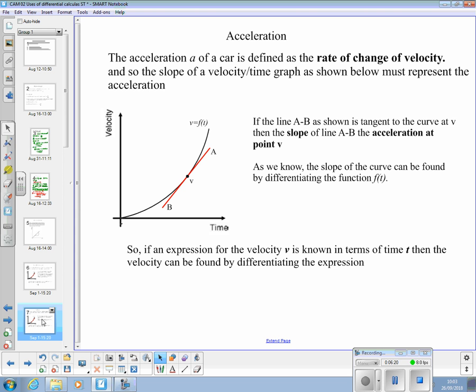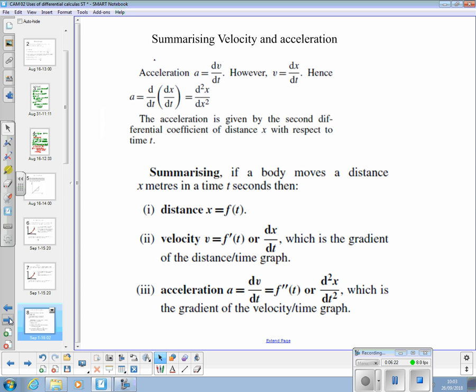Alright? In summary, acceleration is dv by dt. However, v is dx by dt. So we're talking about the acceleration being differentiate position twice, or take the second differential, and that's written as d2x by dt squared. Effectively, the second differential of position is written like so.